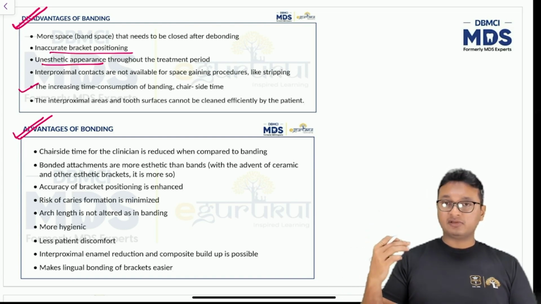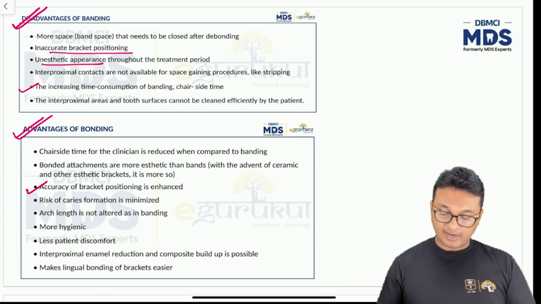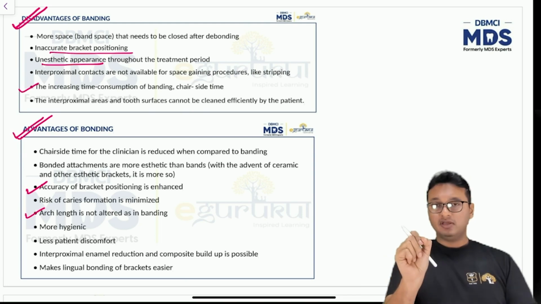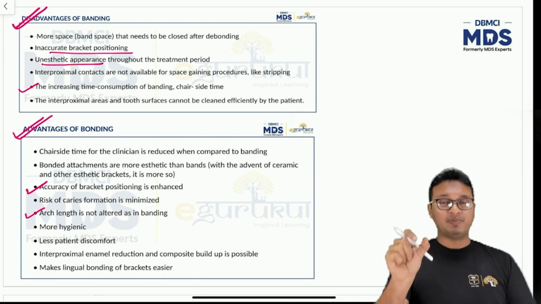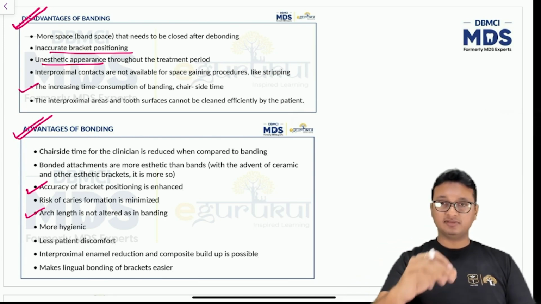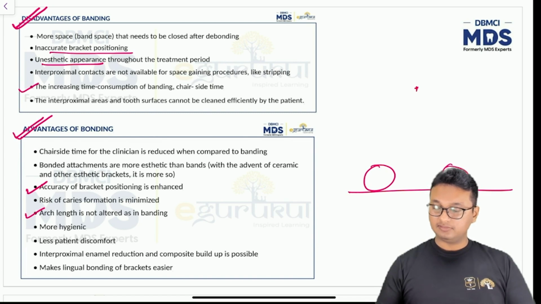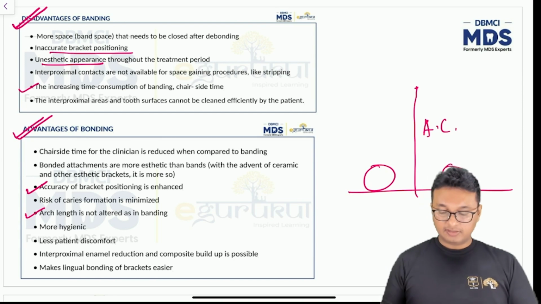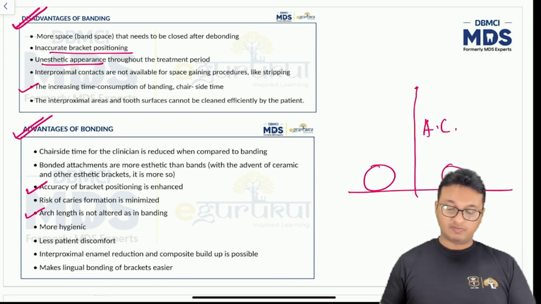Whereas advantages of bonding include less chairside time, accuracy of bracket positioning is improved, arch length is not altered as in banding, because we need to separate the teeth temporarily, so that in that separated portion a band can be cemented, so that leads to increase in the arch length, the linear anteroposterior distance, from the distal of the first molar to the interincisal. So this is the arch length, and bonding is more hygienic. There's less patient discomfort, and very little enamel needs to be etched while bonding.